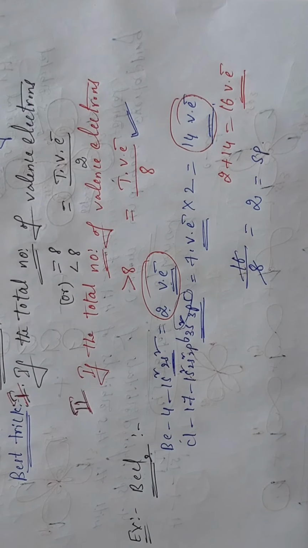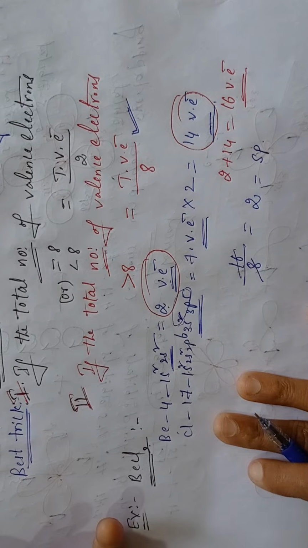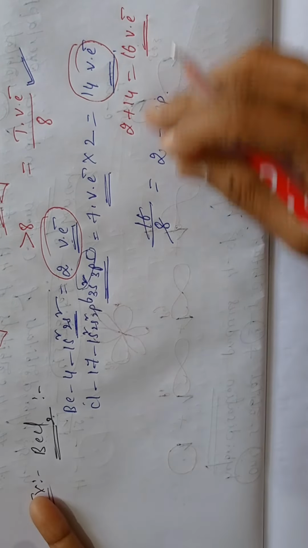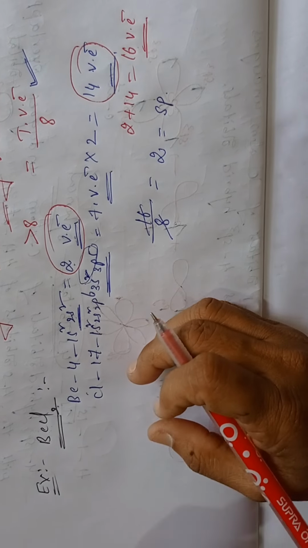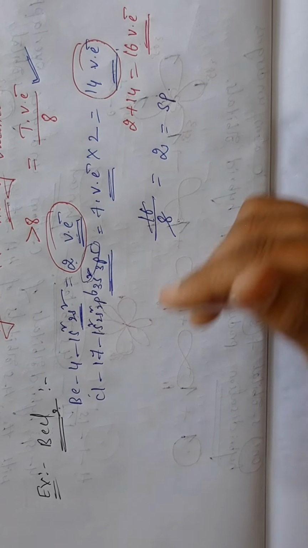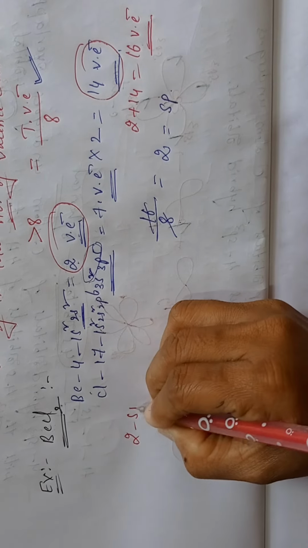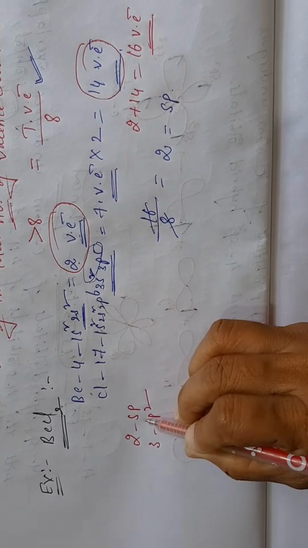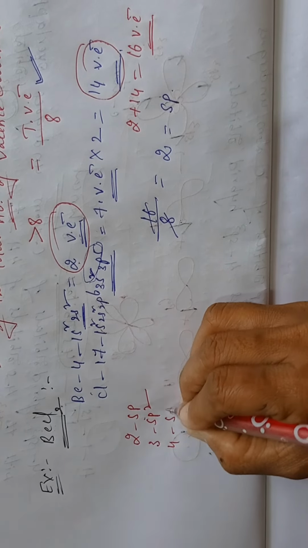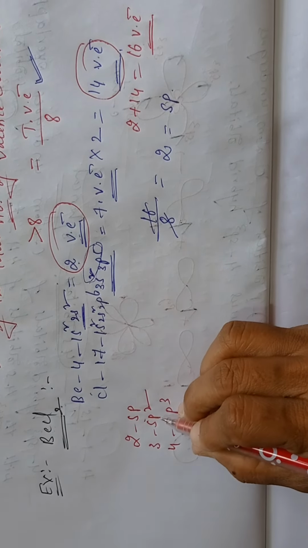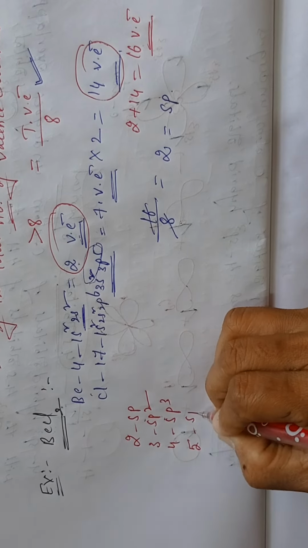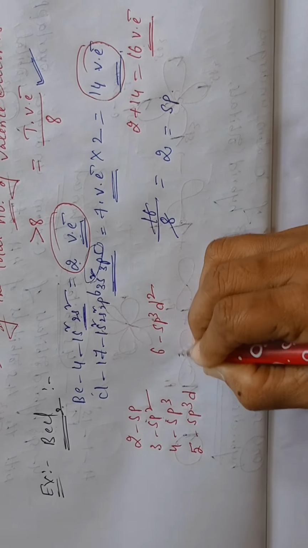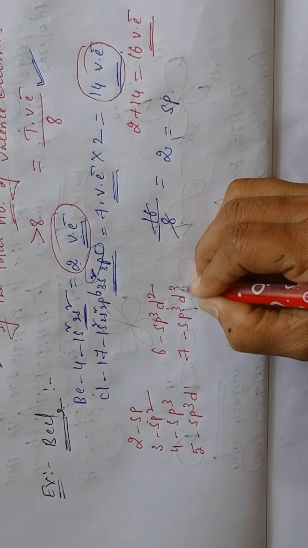sp hybridization. Just remember, students, I will tell you here what the hybridization is for each number. 2 means sp: 1 s, 1 p, total 2. 3 means sp2: 1 plus 2, 3. 4 means sp3: s1 p3, 1 plus 3, 4. 5 means sp3d. 6 means sp3d2. 7 means sp3d3.